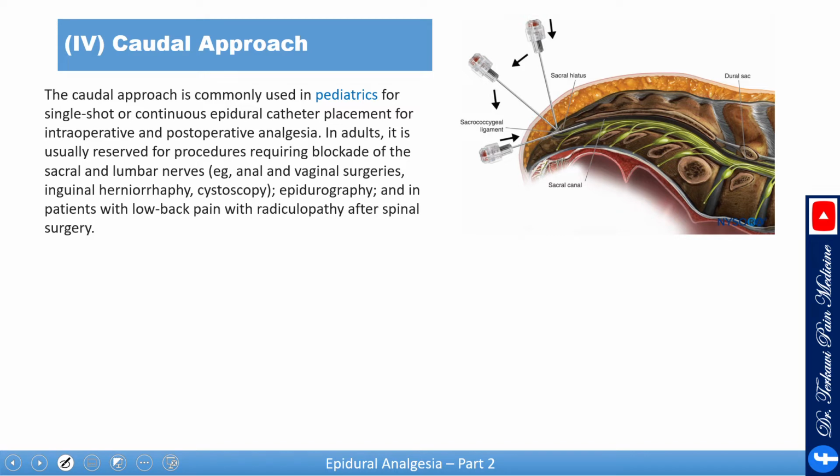This is mostly used in pediatrics for a single shot or continuous epidural catheter placement for intraoperative and postoperative analgesia.